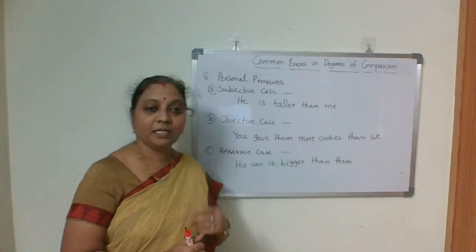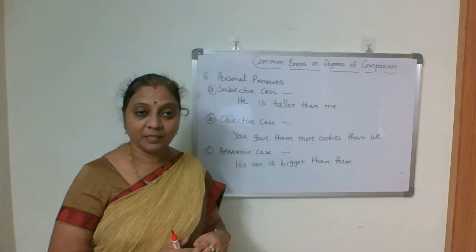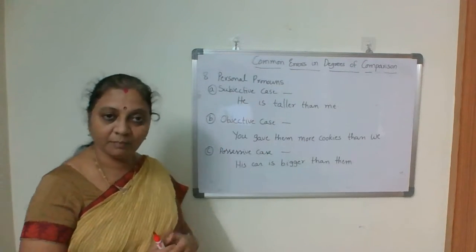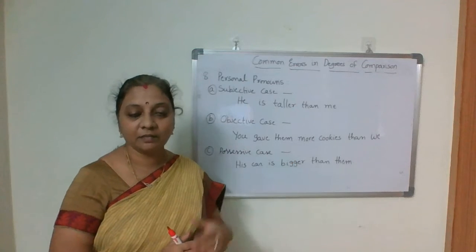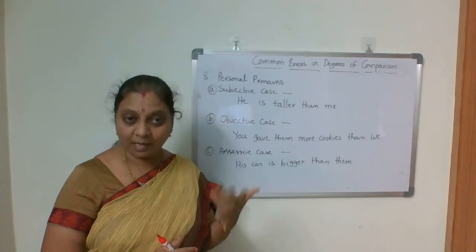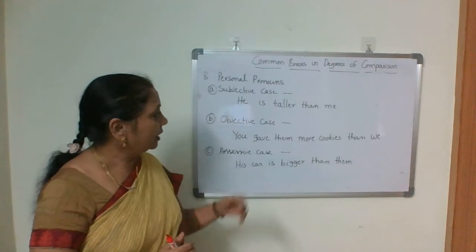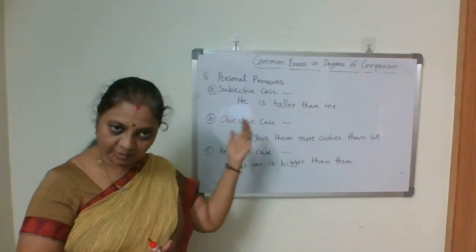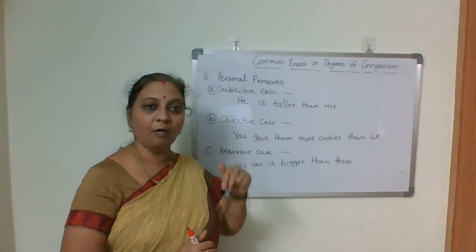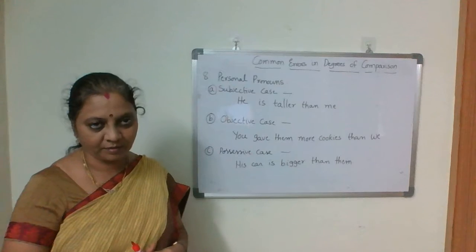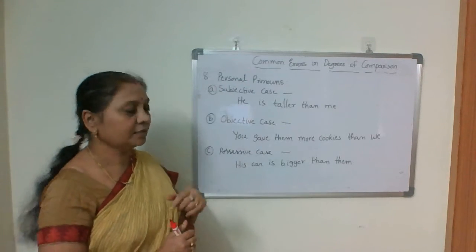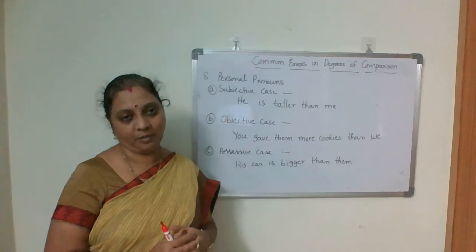Last video I started common errors in degrees of comparison, and we observed some points where usually the children commit mistakes. Today we continue the same topic, common errors in degrees of comparison. The next one is related to personal pronouns.